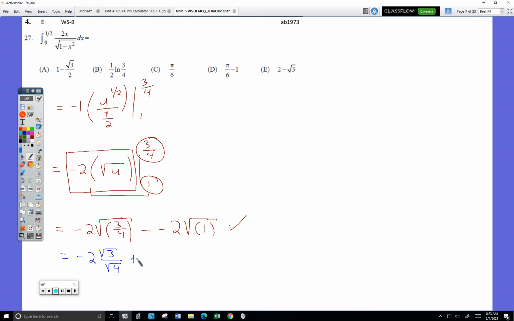Negative negative makes positive. Root 1 is just 1. Root 4 is 2. 2 divided by 2 would be 1. So now I have basically negative root 3 plus 1, no, plus 2. So the answer is E.